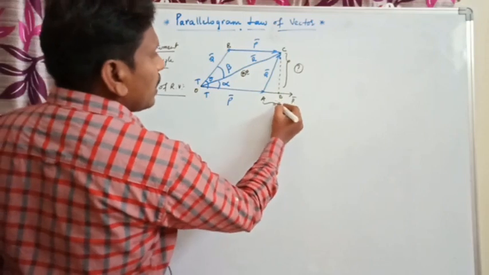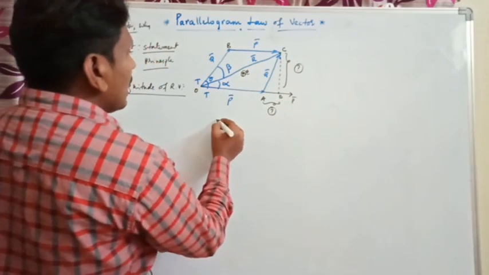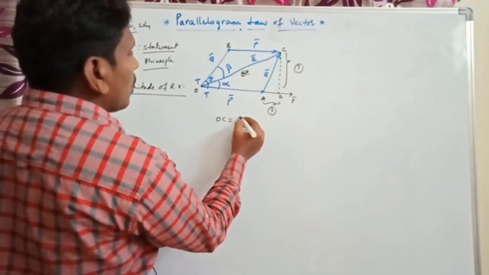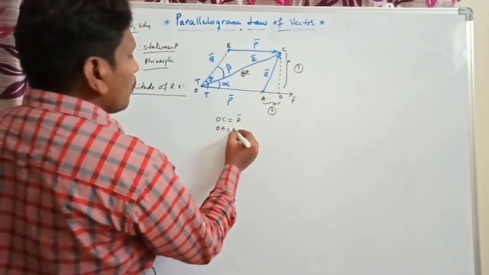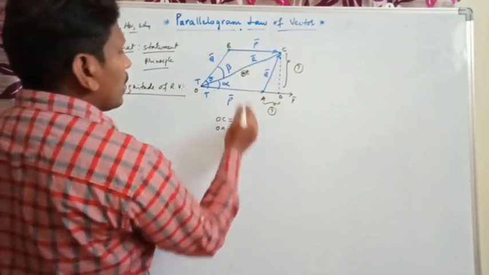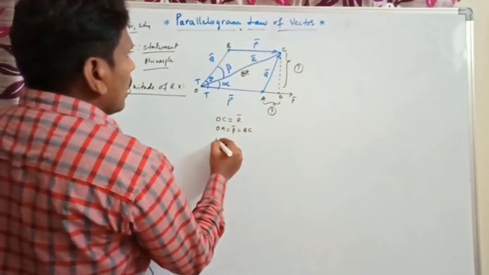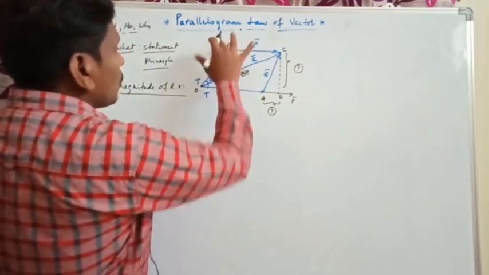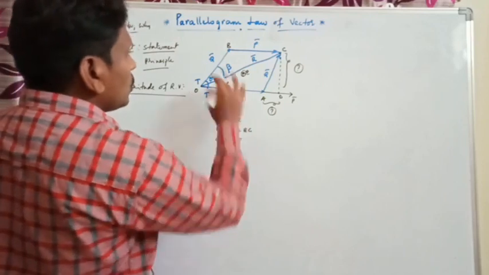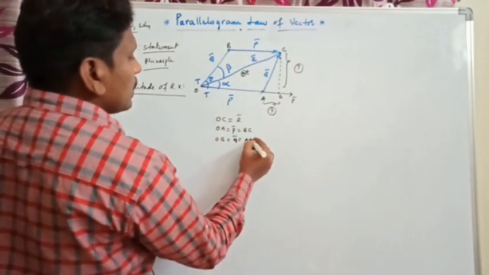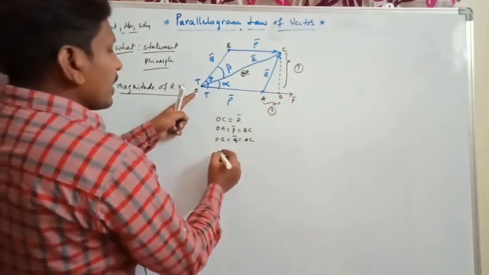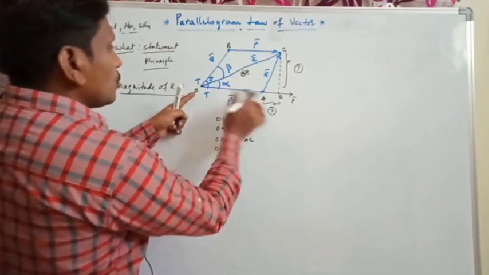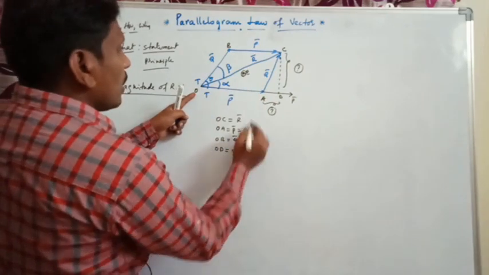OC is given, that is R bar, and OA is given, that is P bar, which equals BC. OB is given, that is Q bar, which equals AC. From this, we can write OD equals OA plus AD.